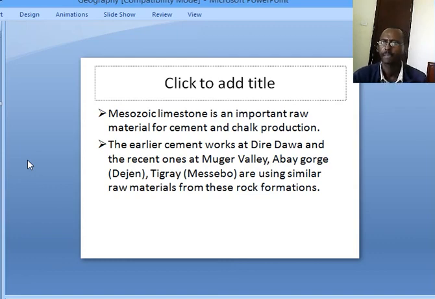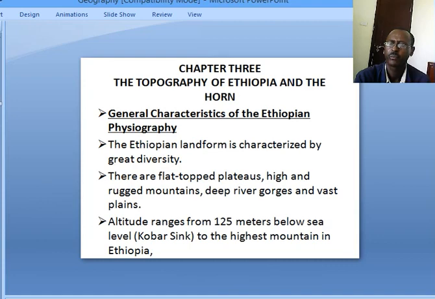As we know, chalk and cement are formed from limestone. The earlier cement works at Dire Dawa and the recent ones at Mugher Valley, Abay Gorge region, Tigray, and Messebo are using similar raw materials from these rock formations. That's all about chapter 2.